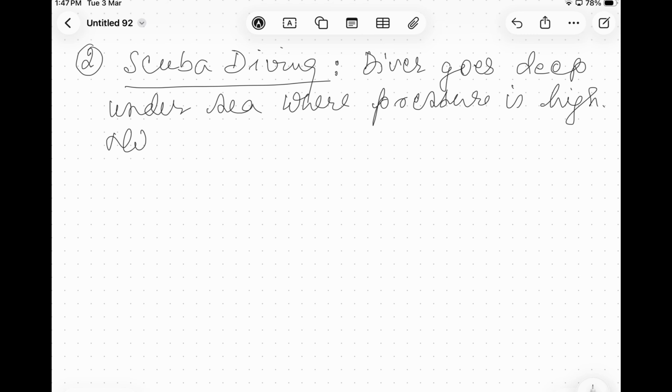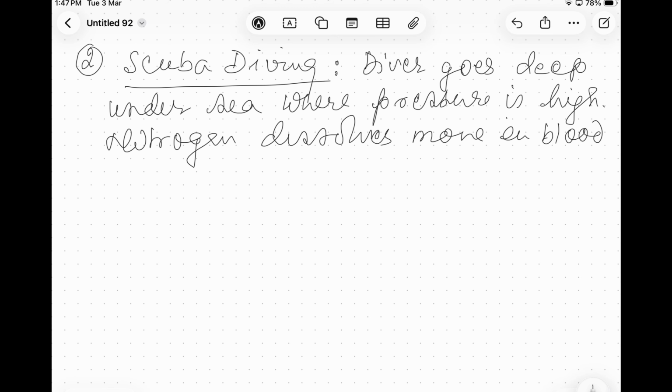Nitrogen dissolved more in blood due to high pressure.